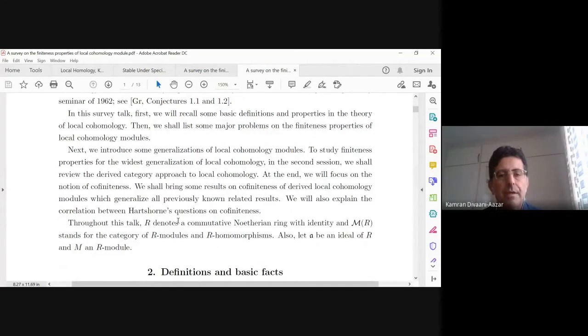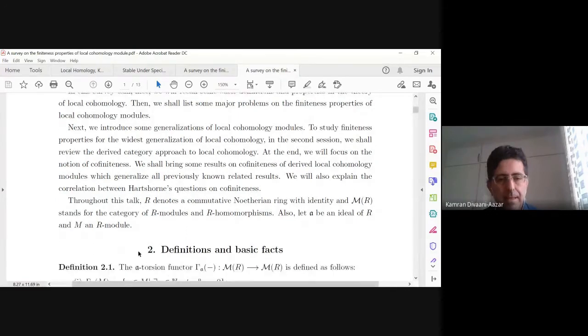R will be a commutative Noetherian ring with identity, and by M(R) we mean the category of R-modules and R-homomorphisms, and A will be an ideal of R throughout, and also M will be an R-module.